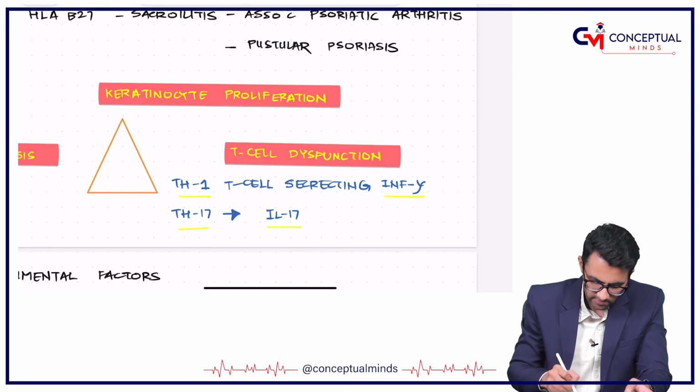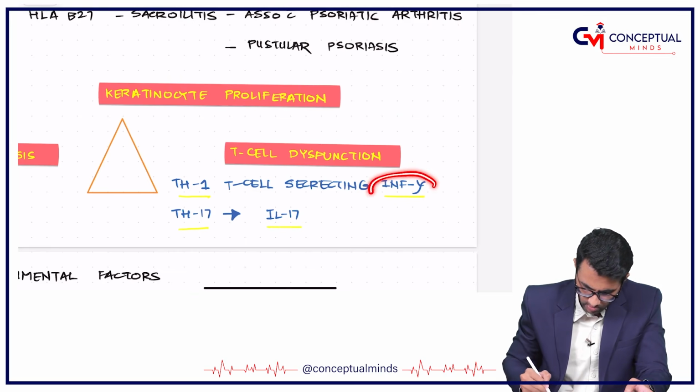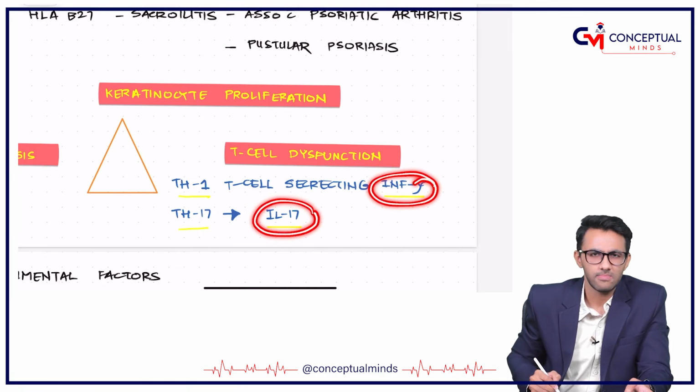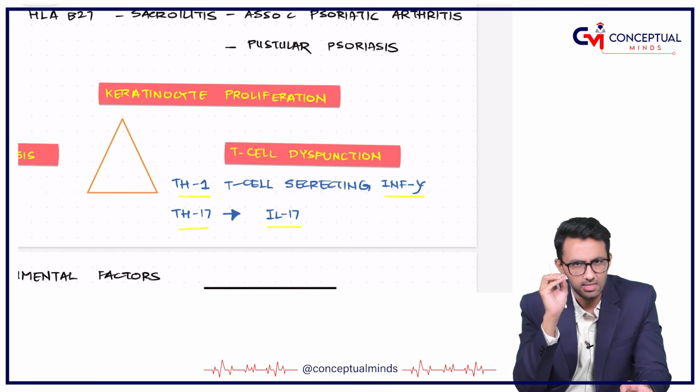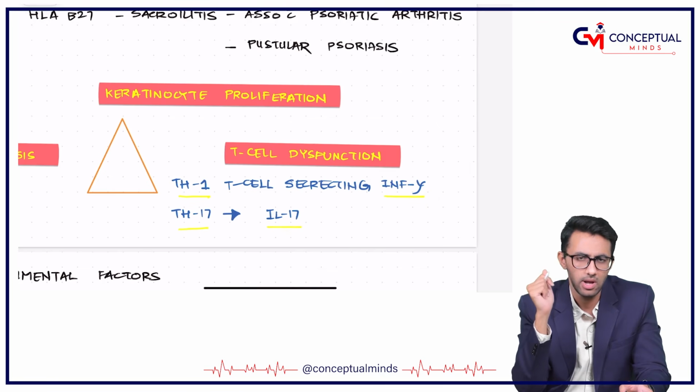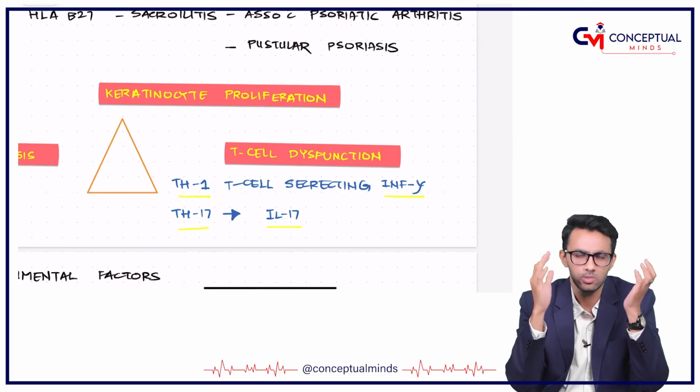Because of these two, the basal keratinocytes in the stratum basal are getting stimulated. Because of that, the whole mayhem is happening in psoriasis.